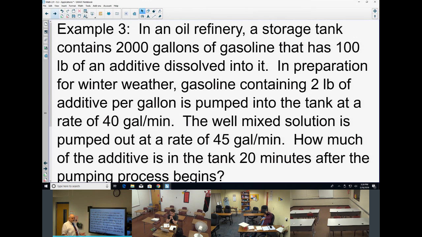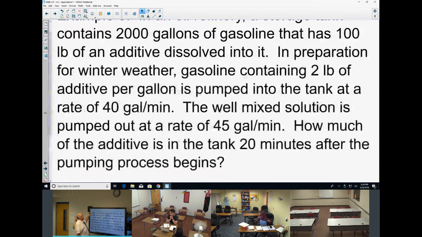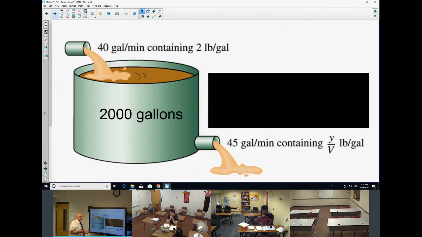Okay, that's a pretty complicated problem, pretty involved. So let's see if we can look at a picture here. Here we have our tank with 2,000 gallons. Then 40 gallons per minute is getting pumped in, containing 2 pounds per gallon of the additive.